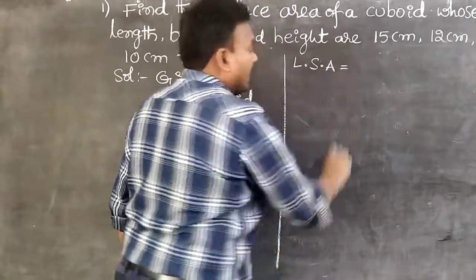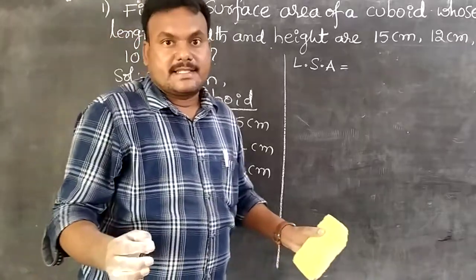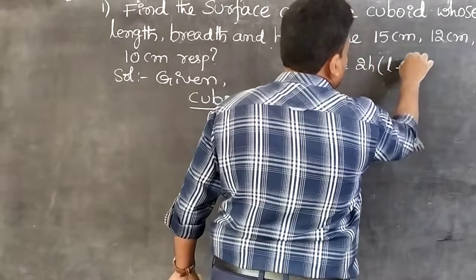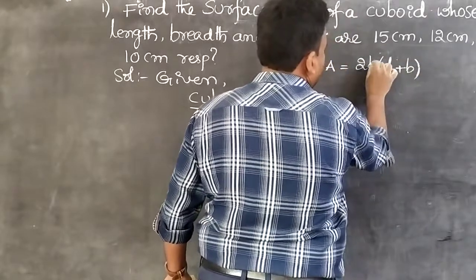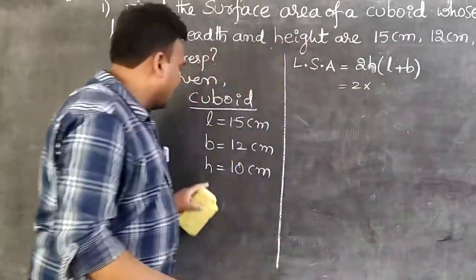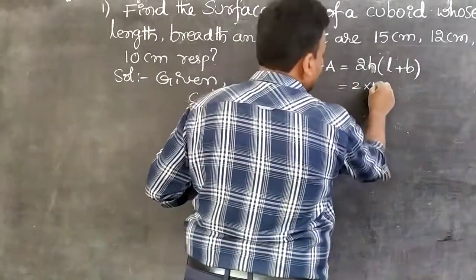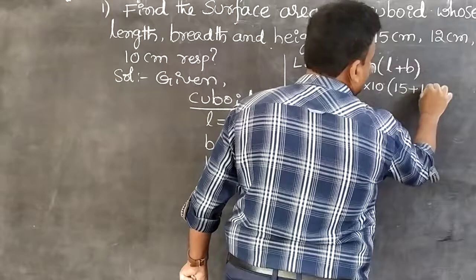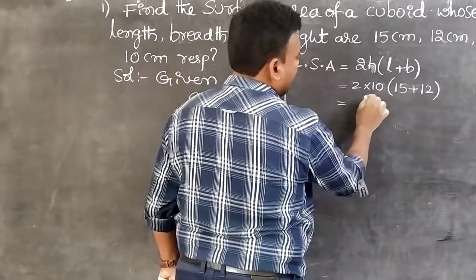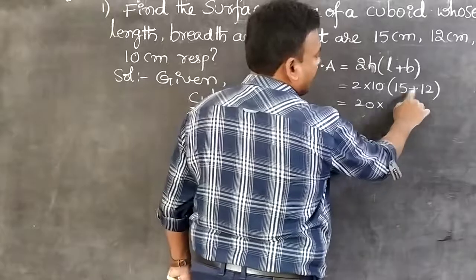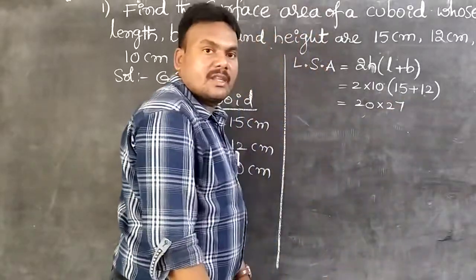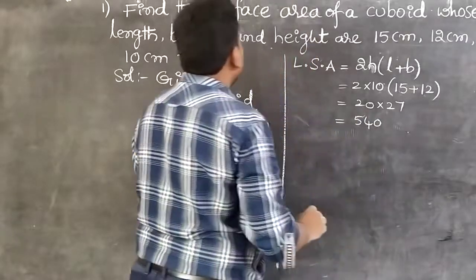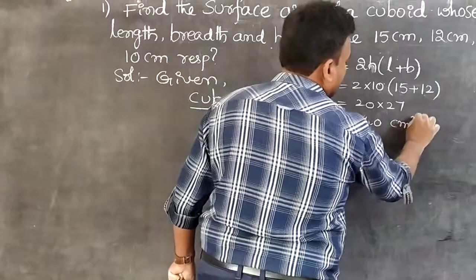What is the LSA formula? Yes, 2H of L plus B. Substitute the values. 2 into H, how much, students? 10. 2 into 10 of L value 15, B value 12. 15 plus 12 is 27. 2 tens are 20, into 27. 27 2s are 54, that is 540 square centimeters.